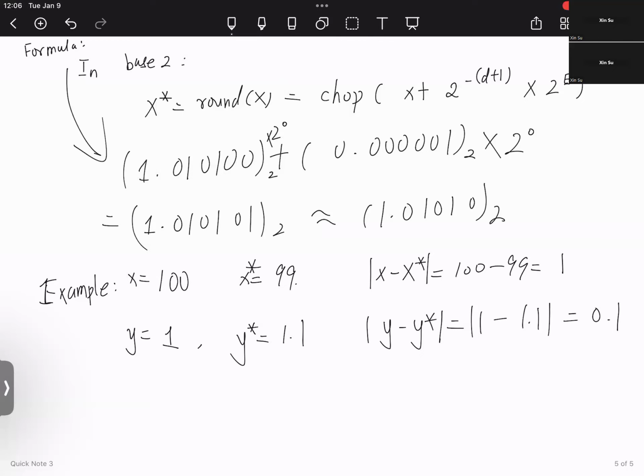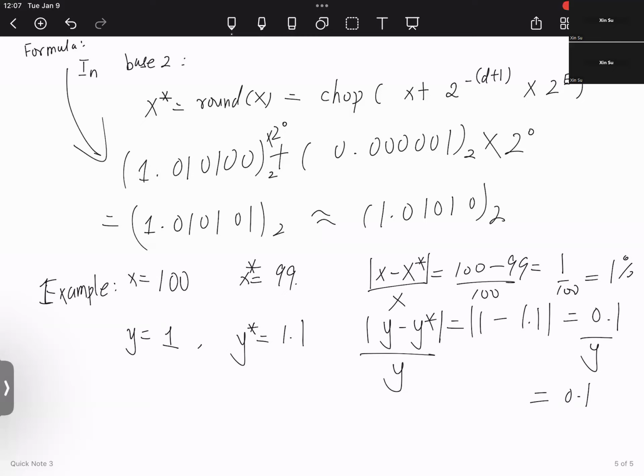Let us take a look: if we divide this number by 1, that is just 0.1. That is a 10% error for the approximation. And if we divide the numbers here by the exact value, which is x, and x is just 100, then this is 1%. This is just 1% error. So a lot of the time, you cannot focus on the absolute error.